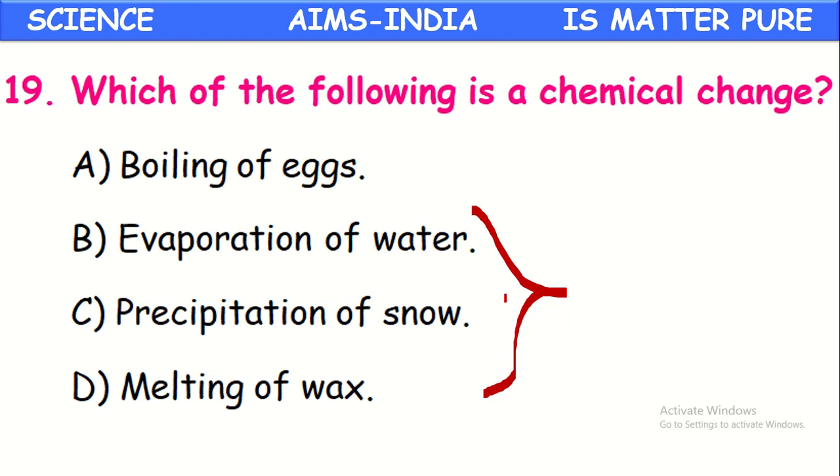Only change of state is occurring. So these all will come under physical changes. Only boiling of egg is a chemical change. This is an irreversible process. From the boiled egg, we cannot get back the raw egg, isn't it? So the chemical composition is completely changed after boiling. So it is a chemical change.